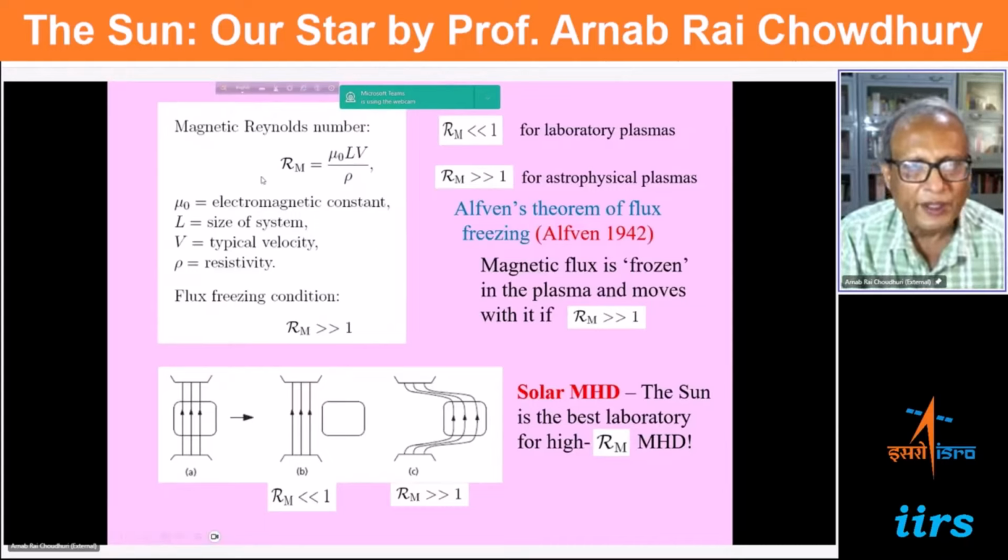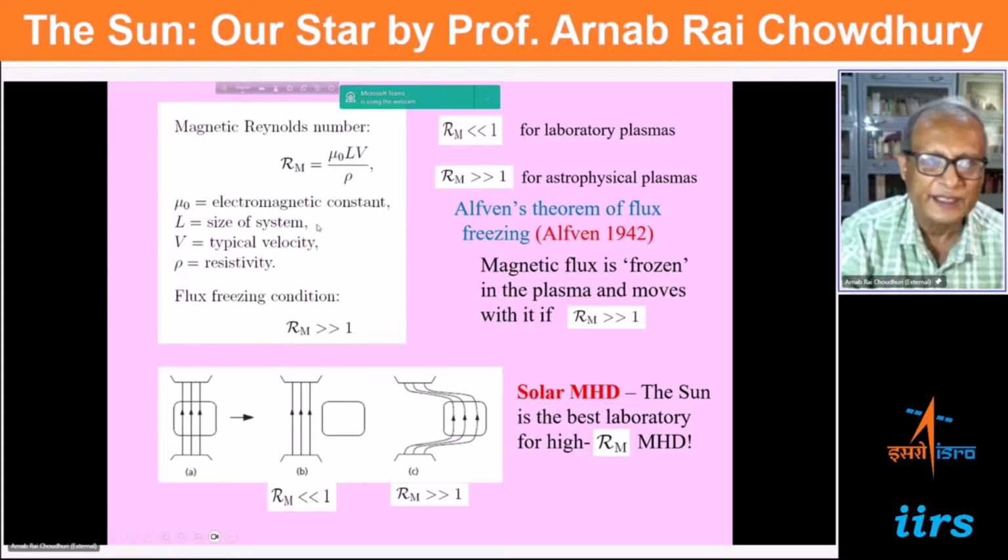I don't have time to get into a detailed discussion about the basics of MHD, but let me just point out that there is a very important dimensionless number in this field, the magnetic Reynolds number. Here I point out how it is defined, but let us not get into those details. Just note that the magnetic Reynolds number is directly proportional to L, where L is the size of the system.